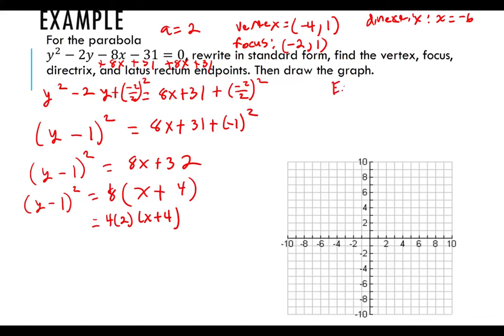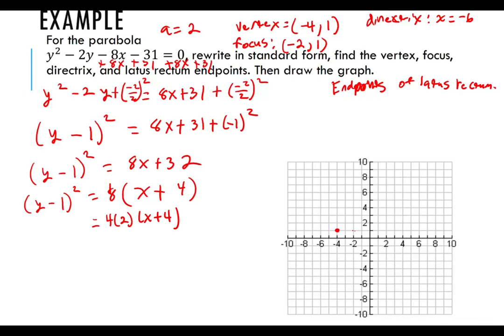Lastly, I need to find the endpoints of the latus rectum. And so for this one, we're just going to start with our focus. And then because the focus is to the right of our vertex, and if you want, let's go ahead and sketch our vertex to keep us on track. Negative 4, 1. Well, the focus is at negative 2, 1. So I'm just going to put that dot there to keep me on track for a moment.